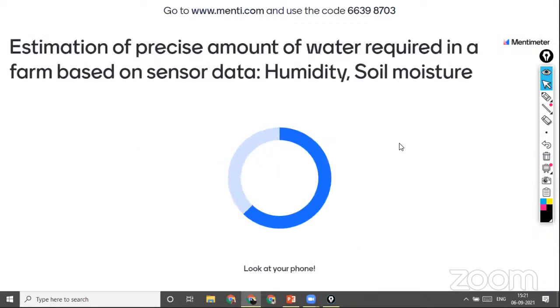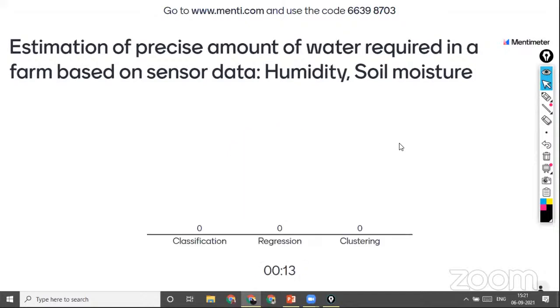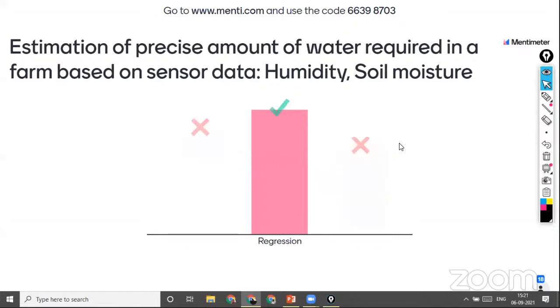So the first question: estimation of precise amount of water required in a farm based on sensor data like humidity and soil moisture. So which kind of technique will you use? Yes, most of the participants have answered correctly.